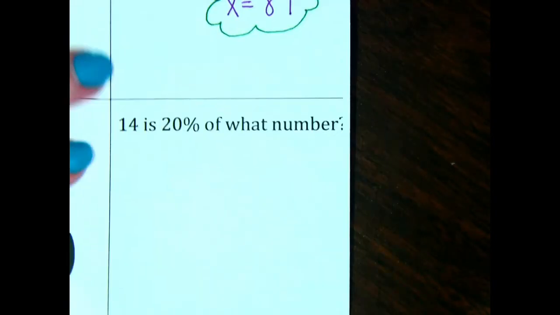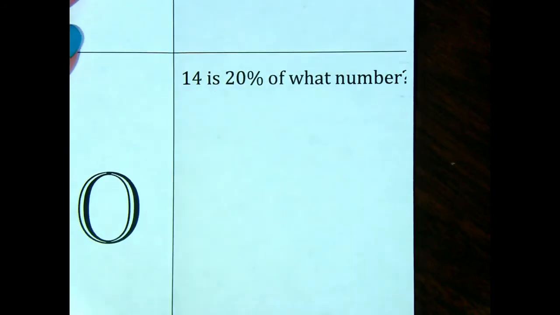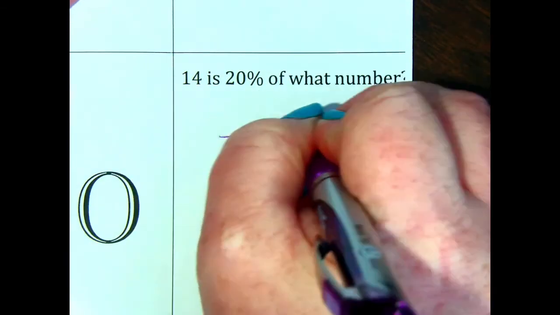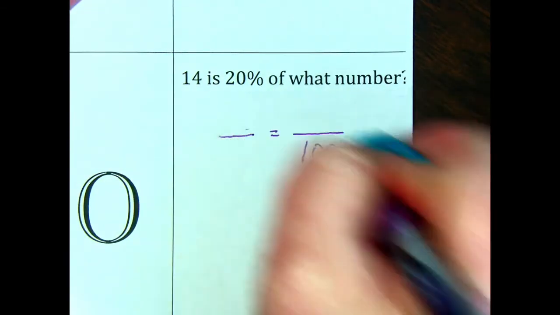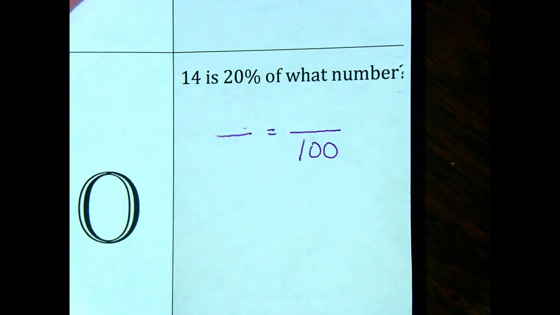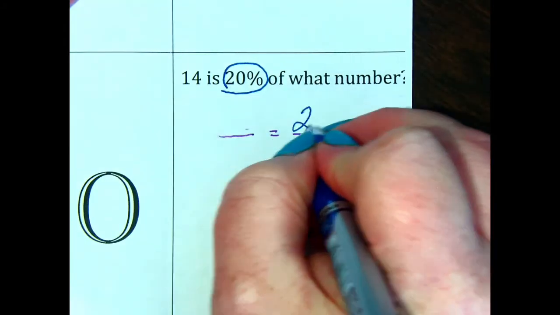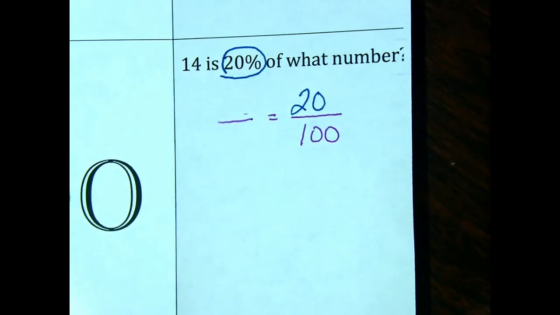Here is our last example. 14 is 20% of what number? So again, I'm going to set up my ratio, and 100 is going to be in the bottom right. It's literally telling me right here what my percent is. I always like to start with my percent because that's guaranteed.